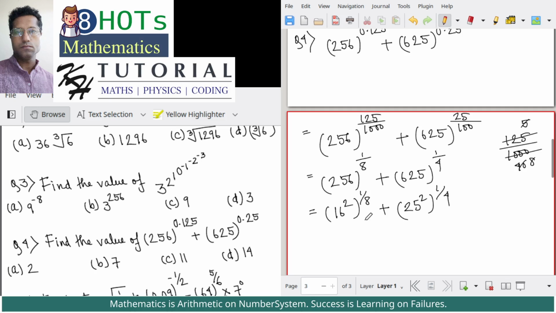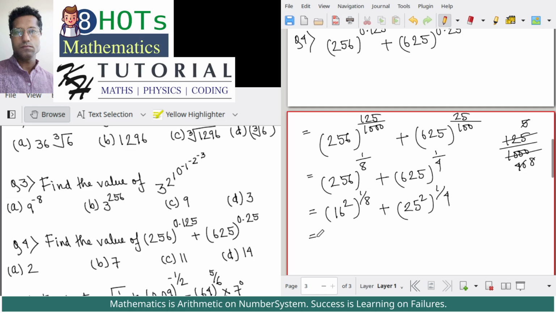So we have to appropriately convert the base to some power, so that the outside powers and the inner powers will get simplified to some integer power.